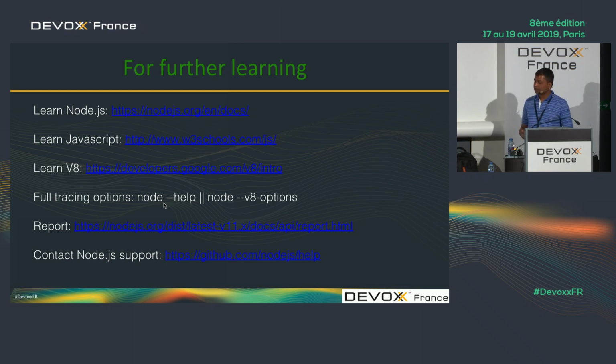And finally, if you have specific problems on usage of Node.js or any programming query or clarification or any support that's required, the Node.js help repo is the specific project area where you can ask questions. The community, as I said, is really active and very happy to provide help.